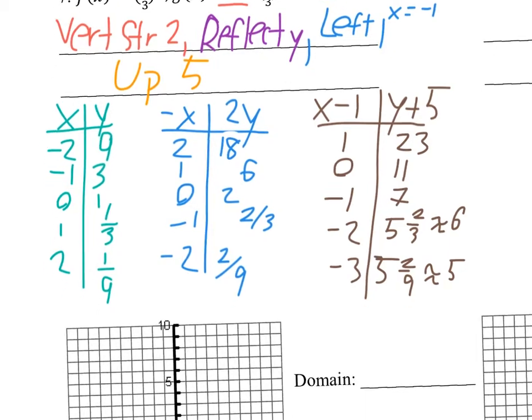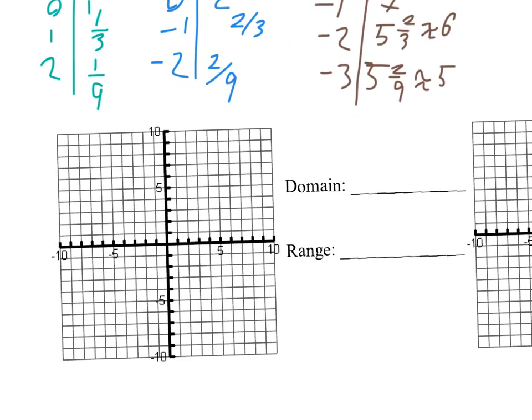When I graph the parent function, our first point is -2, 9. So x equals -2, y equals 9. Approximately there. Let's make that a little bigger.